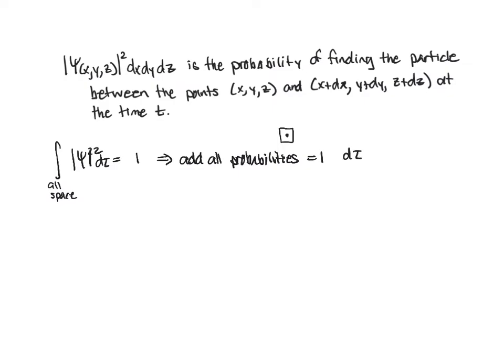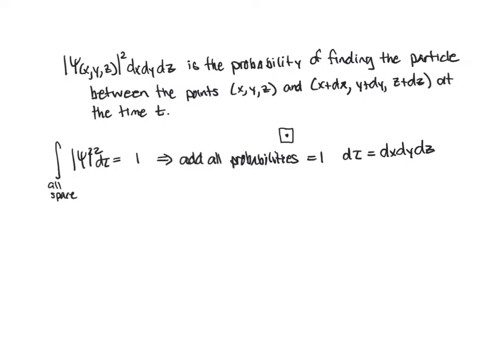Now d tau is our shorthand for the volume element dx, dy, dz. So that means that I have to be able to integrate the square of this function over all space, and it has to give me a finite number. It has to be equal to 1 over all space.